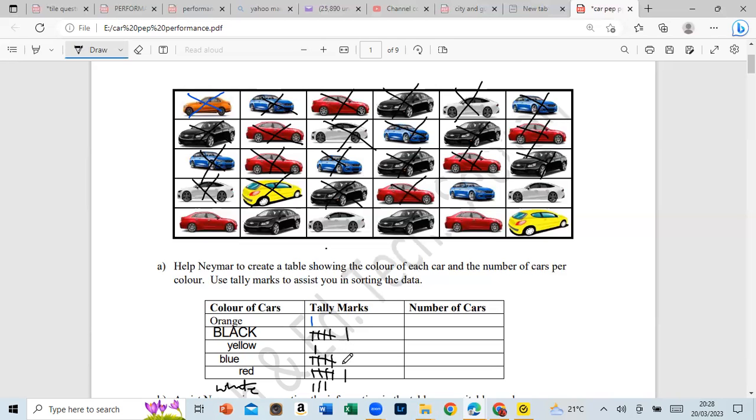Blue. Cross it off. We have white again, so we'll put another stroke. Red. One more red. Black, one black right here. White. This is the third white, no, fourth one. Fifth.